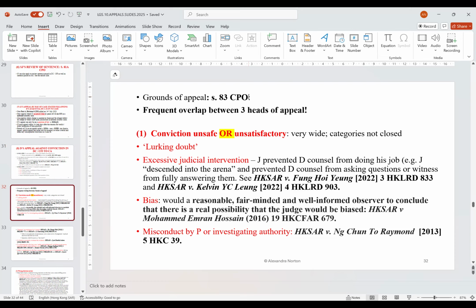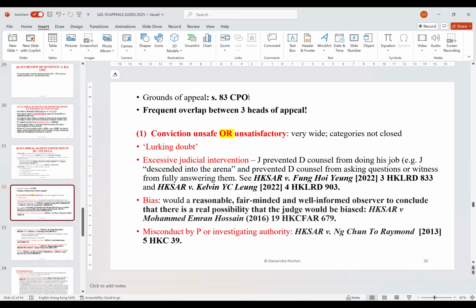So, for example, there's a lurking doubt, just a general unease about the conviction, or that the judge descended into the arena. In other words, the judge took on the role of counsel in the case, so much so that counsel was prevented from doing his job and asking questions of the witness, or the witness could not answer the questions.